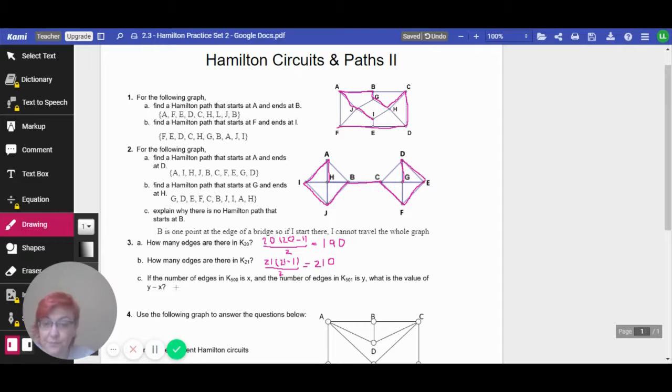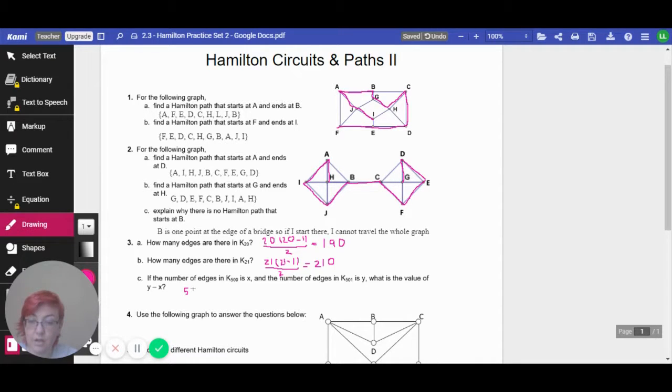Well, that's going to be 501 times 501 minus 1, divided by 2, minus 500 times 500 minus 1, divided by 2. And I'm just going to do this in my calculator.